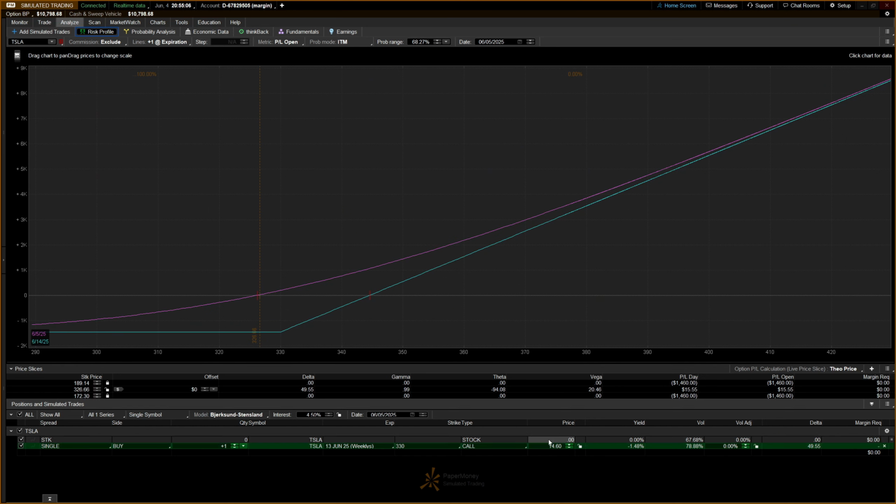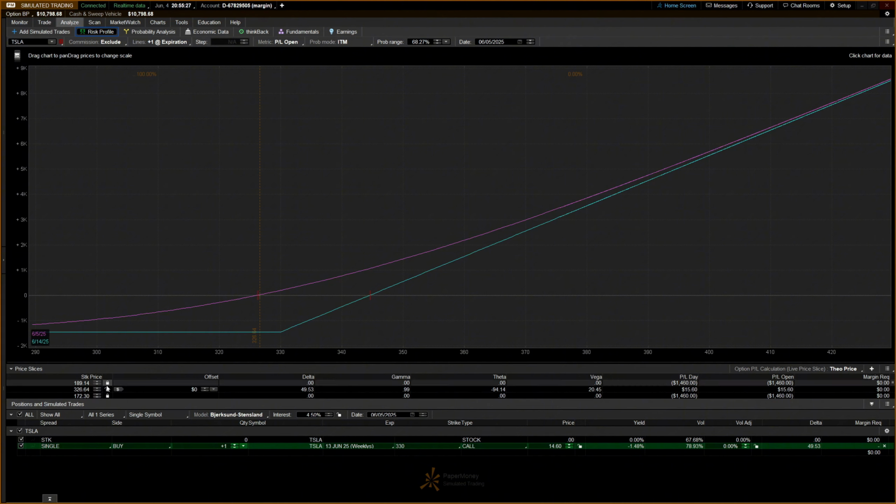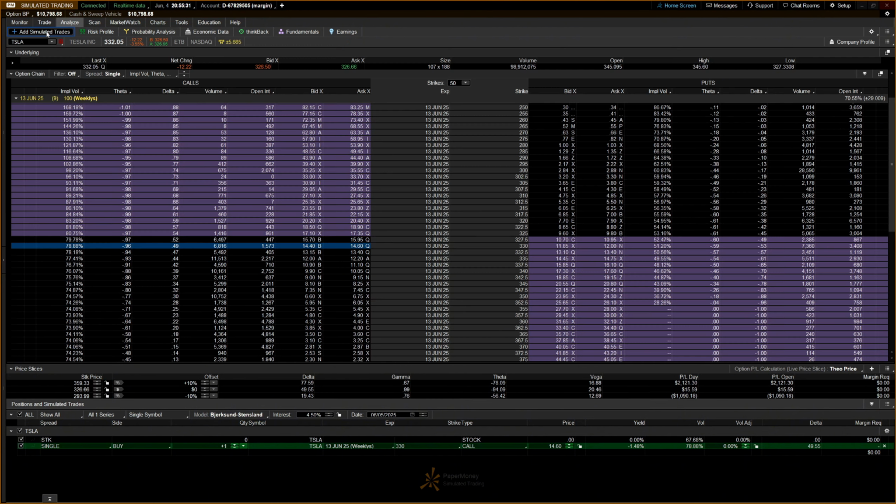So you can control 100 shares of Tesla for $14 instead of $330, or whatever it's at right now, I guess. So that's what this risk graph shows here. Now you're saying, you know what, $14, that's kind of expensive, not exactly what I wanted to risk, and that is fair. So let's go back here.